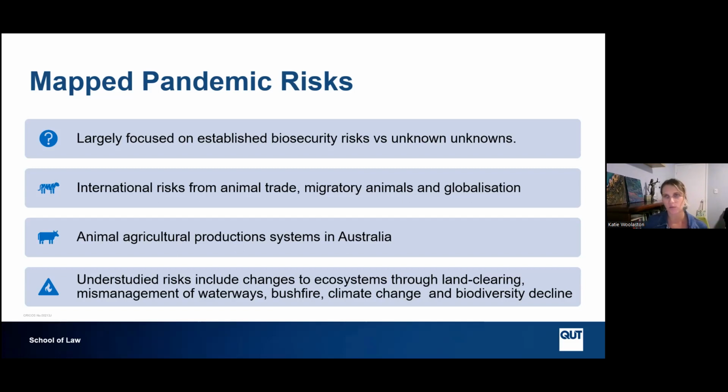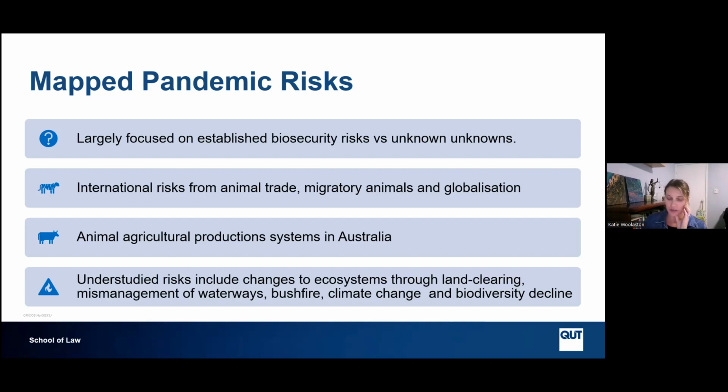Some of the things that we found were recurrent risks in the One Health system is that we don't know what the unknown unknowns are, and we don't really have a system or a research framework to find them out in terms of biosecurity risks.